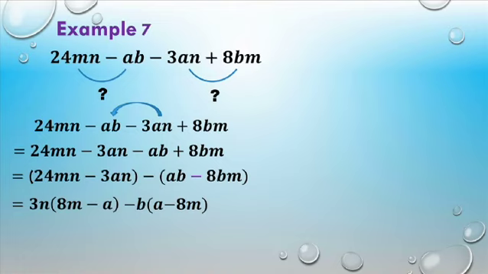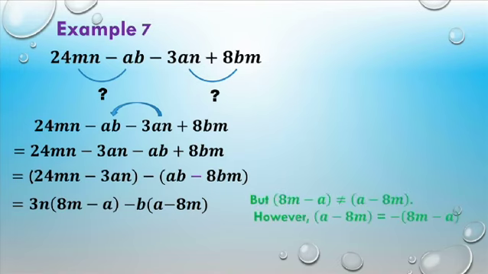For the second one, I have a minus 8m. And these two are not equal. However, I can rewrite a minus 8m as negative outside into 8m minus a. So if I expand, I'm going to get minus 8m plus a, which is same as a minus 8m.